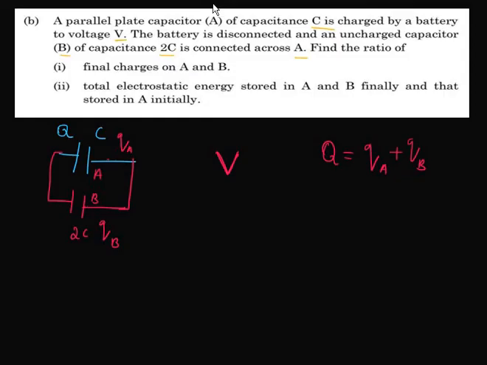Now, the general expression for Q is C into V, where V is the common potential.